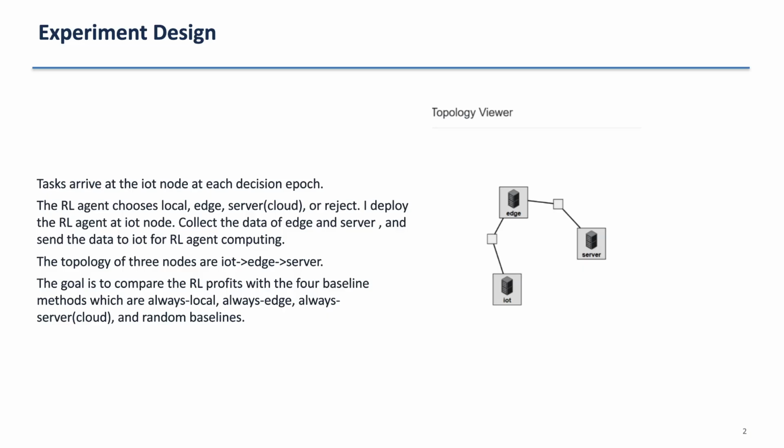I deploy the RL agent at the IoT node, connect the data of the edge and server, and also send the data back to the IoT node for RL agent computing. The goal is to compare the RL performance with the four baseline methods, which are always local, always edge, always cloud, and random baselines.